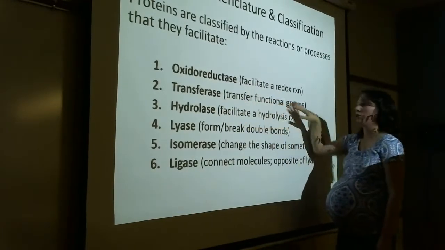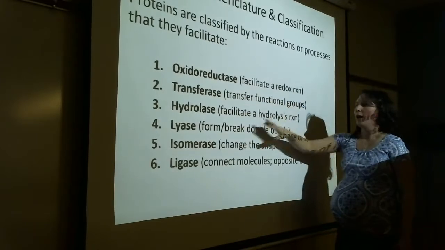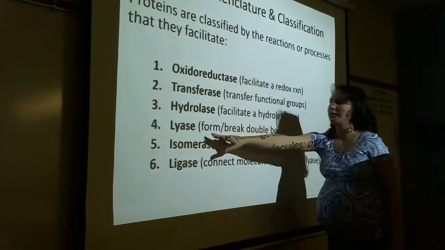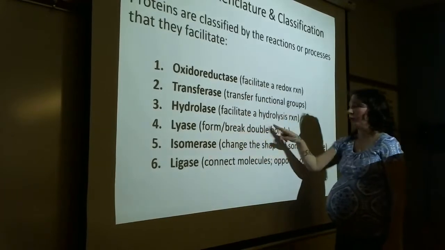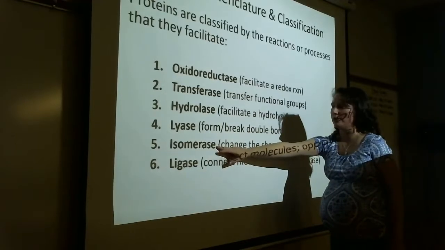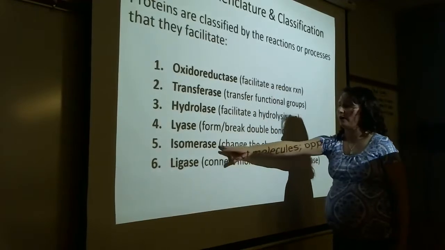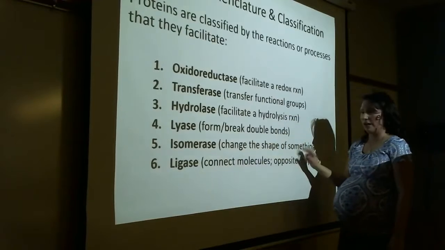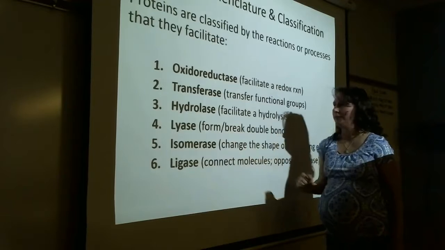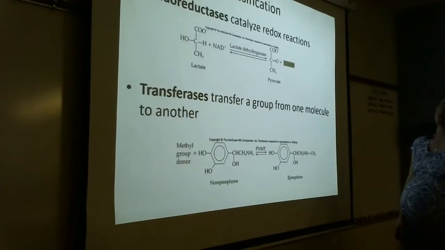Transferase, move functional groups. Hydrolase, carry out hydrolysis reactions. Lyase, break and form double bonds. Isomerase, we've heard this before, right? Topoisomerase, that chops DNA, but there are other isomerases too, changing the shape. And we've also seen ligase, right? That seals DNA back together. So let's look at examples of each one of these.